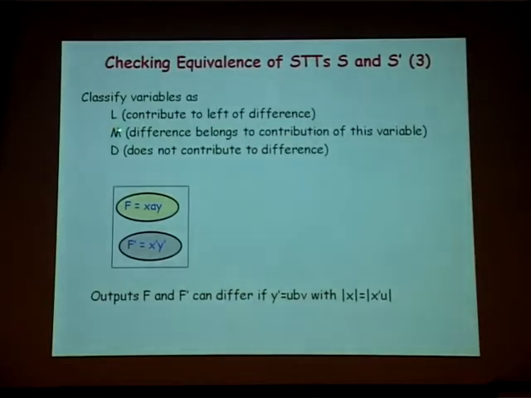L means the variable is contributing to the left of the difference. For example, in f, we are saying this a is the differing symbol, so x is contributing to the left of the difference. Y is not contributing to the difference at all, because it's in the suffix, it comes after the difference. In f prime, x prime is contributing to the left of the difference, but the difference lies in the middle of y prime.